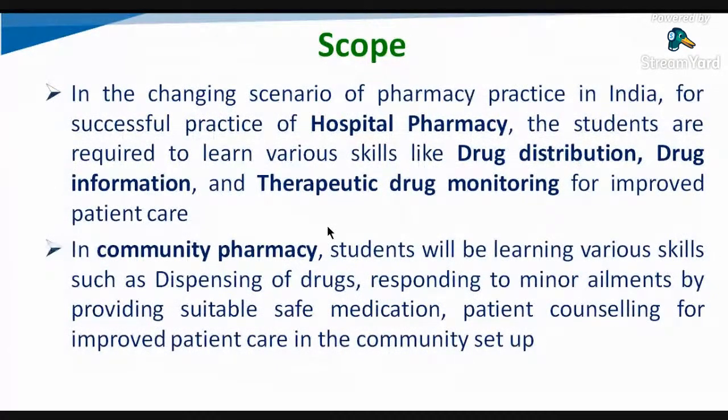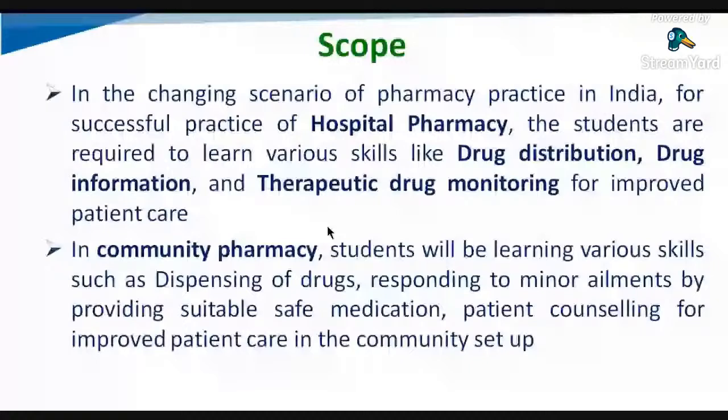The students will be learning various skills such as dispensing of drugs, then responding to minor ailments. There are many diseases, so briefly, for example, if someone has a fever, and a patient comes for fever, the student should have thorough knowledge about minor ailments, and by providing suitable safe medication, they should have knowledge of what the safe medication is for it.